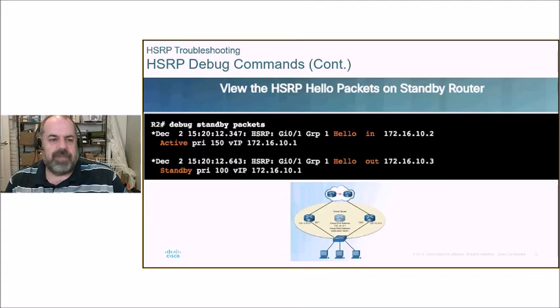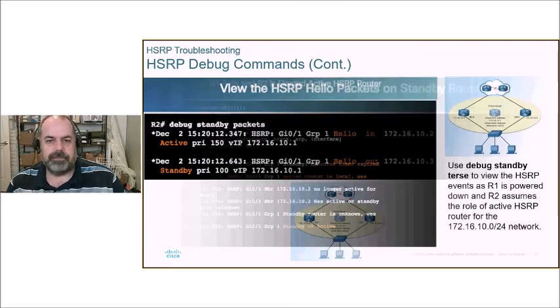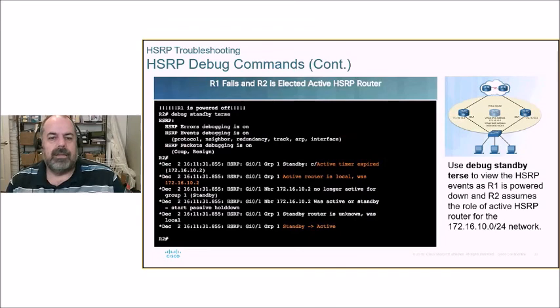Here they've done debug standby packets, and every time you see a packet going to and from the router for that, you'll get a line. From there, they turn off router 1, and you can see what packets happen, and the end result is that router 2 will now move from standby to active mode.